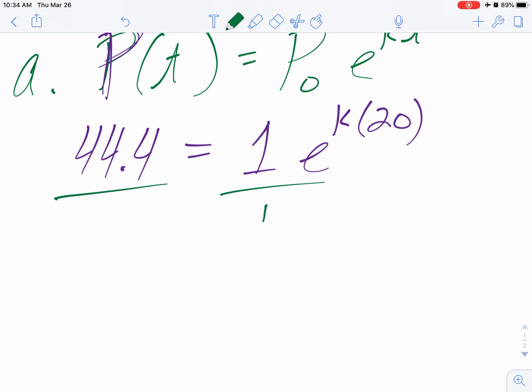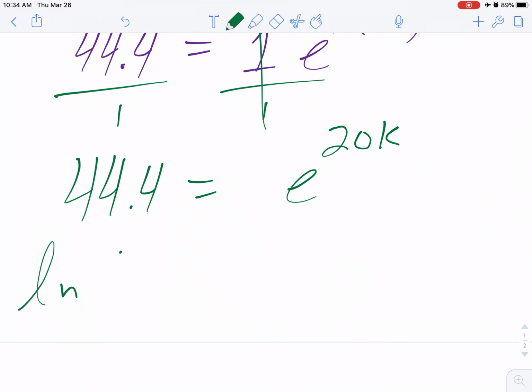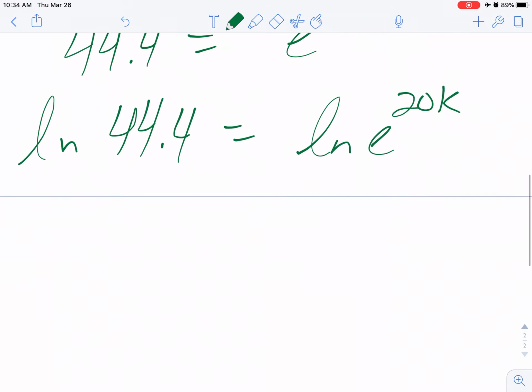I'm going to divide by 1. Well, that doesn't change anything. 44.4 equals e to the 20k. The next step is to take the ln of both sides. Take the log of both sides. That's going to give you a chance to use the power rule.